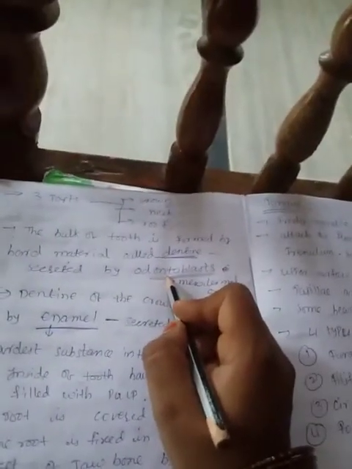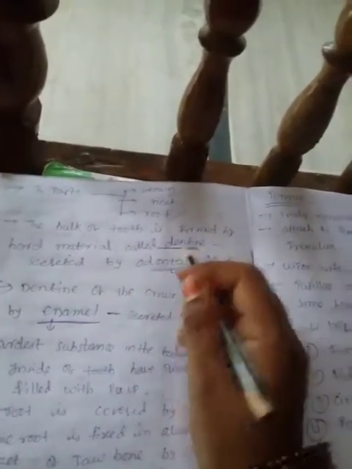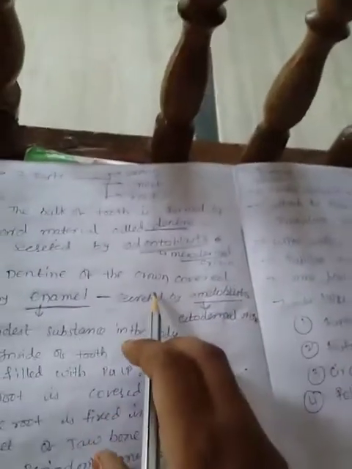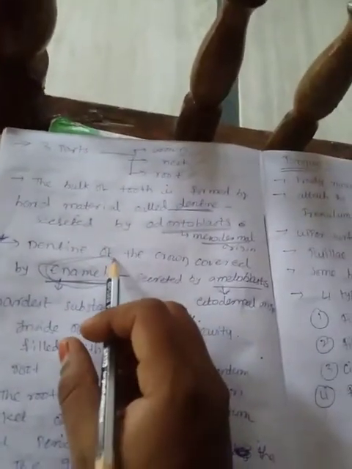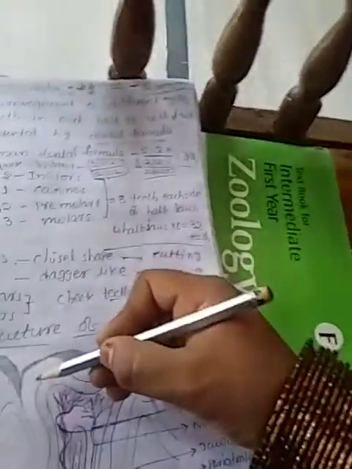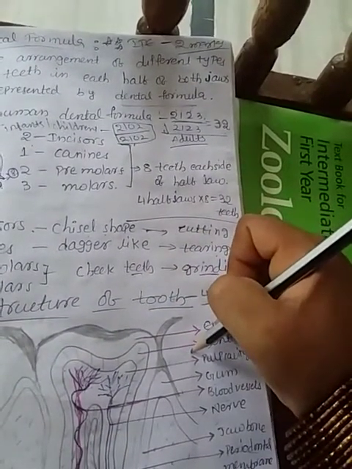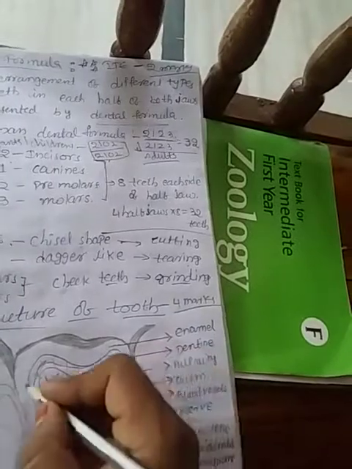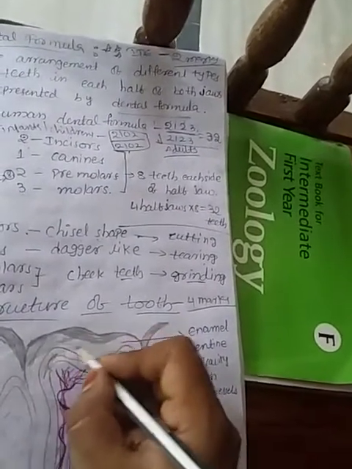These odontoblast cells are mesodermal in origin, and the dentin of the crown is covered by enamel. This is very important. The crown region is this region, and in this crown region the dentin is covered with enamel.